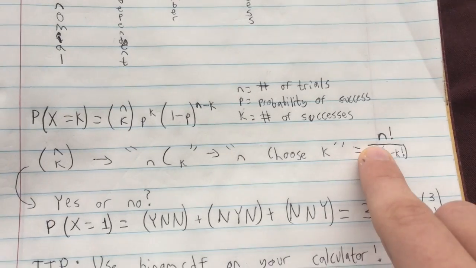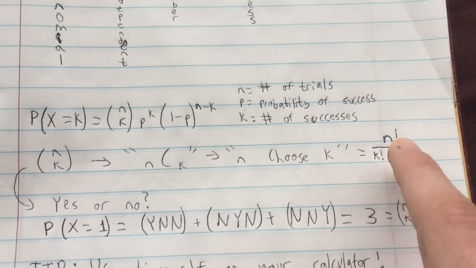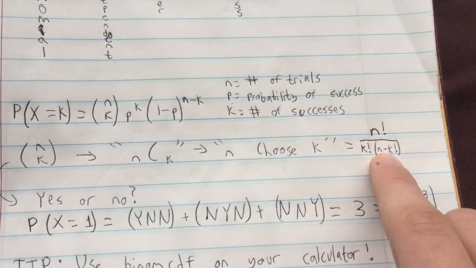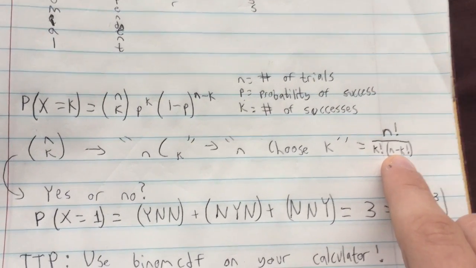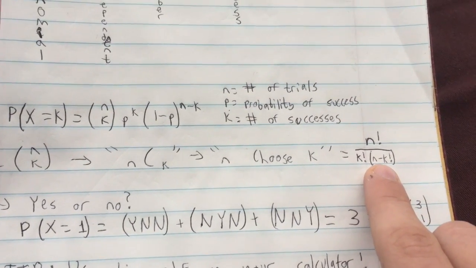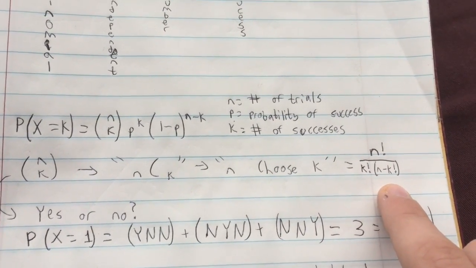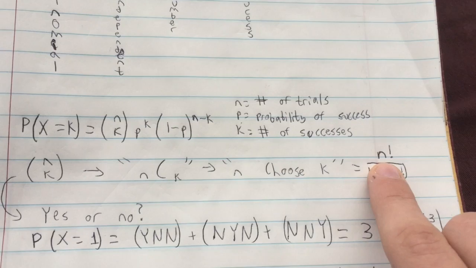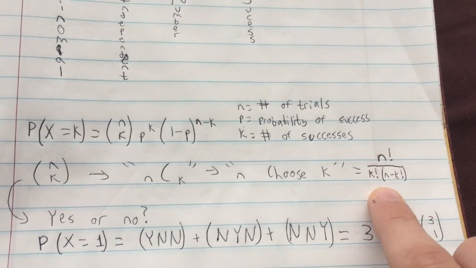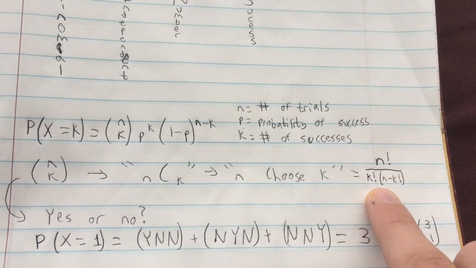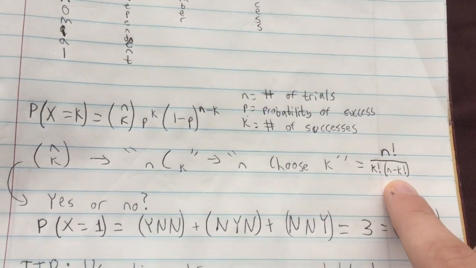Now you can calculate this using this formula for more difficult problems. It's n factorial, which, remember, if n is like 4, it would be 4 times 3 times 2 times 1, divided by k factorial times n minus k factorial. So the number of trials factorial over the number of successes factorial times the number of failures factorial.